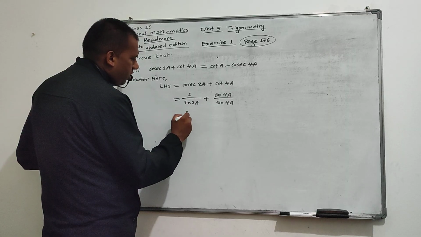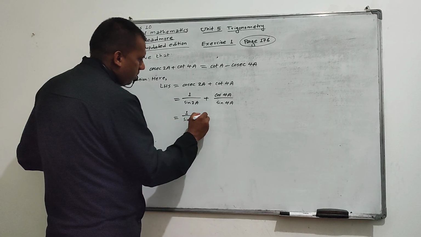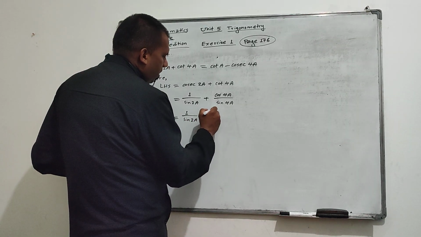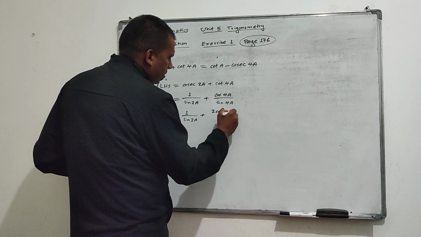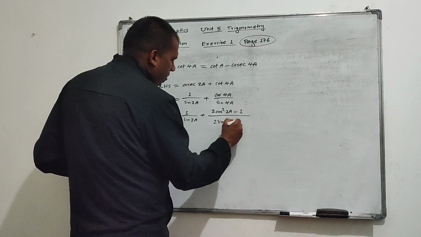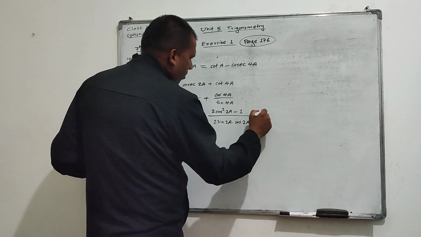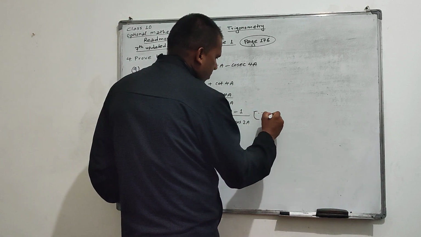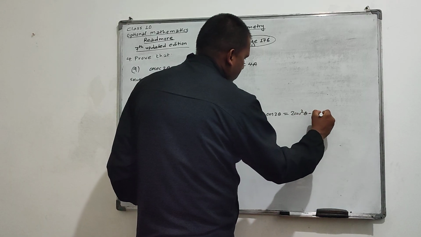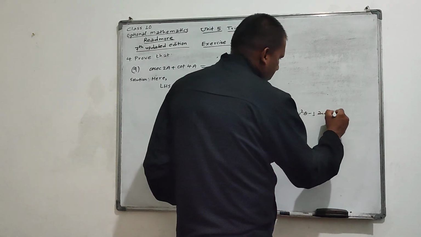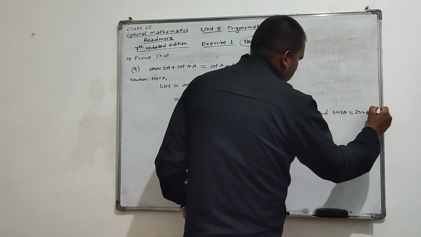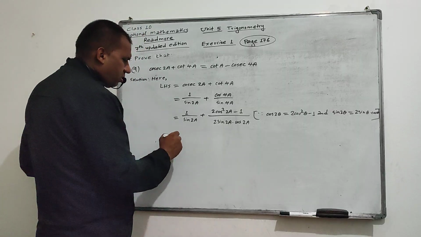Now this equals 1 by sine 2a plus cos 4a, that is 2 cos square 2a minus 1, upon sine 4a, that is 2 sine 2a cos 2a, by the formula of cos 2 theta equals 2 cos square theta minus 1 and sine 2 theta equals 2 sine theta cos theta.